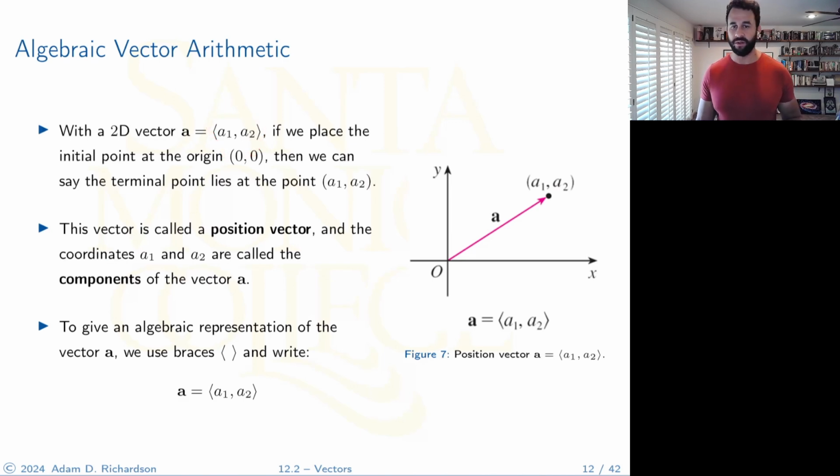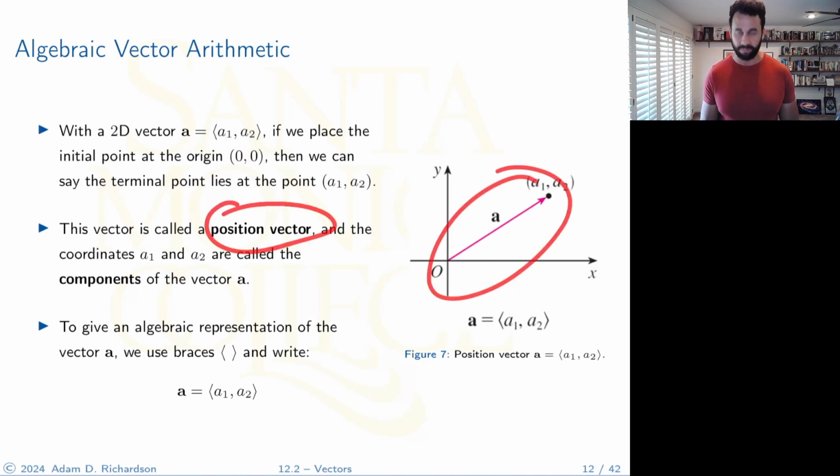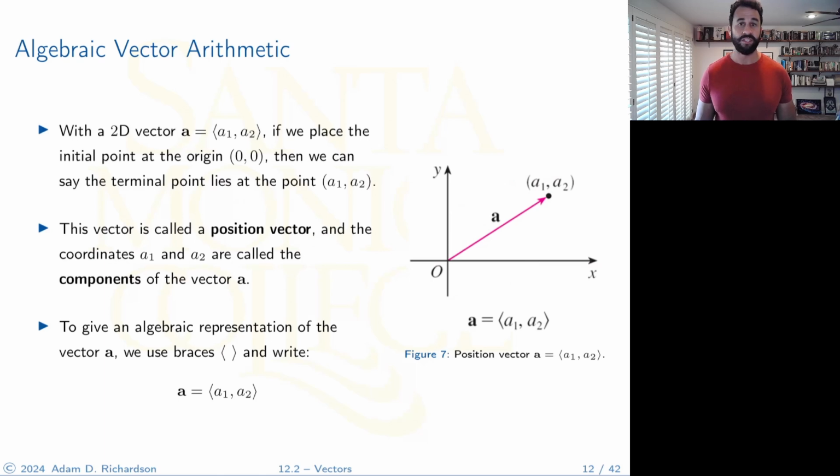We use those to denote vectors algebraically if we want to look at the components of each vector and then operate on those components. This vector that you see here is what we call a position vector, and the coordinates a1 and a2 are the components of the vector a. So this is the first component, the second component. If you put the tail of this vector at the origin, then the tip is at the point A1, A2. So there you go. All right, that's basically it.